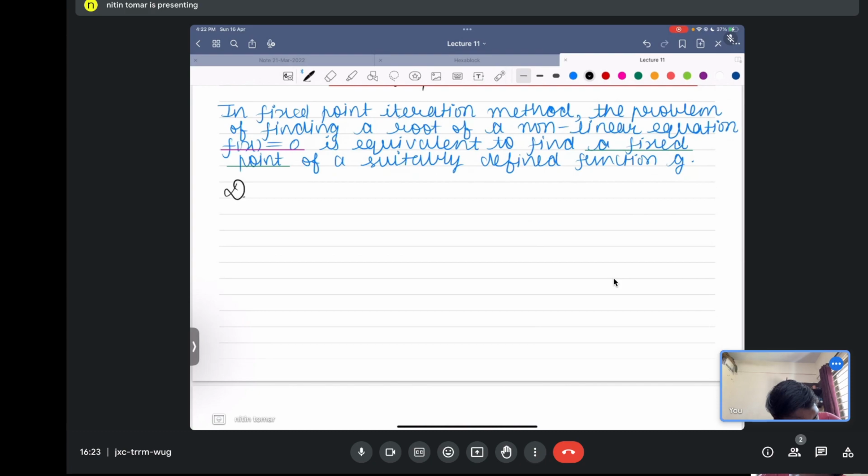So definition: let g be a continuous function on its domain, whatever the domain is.